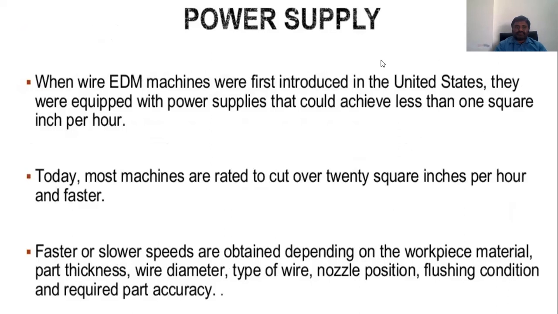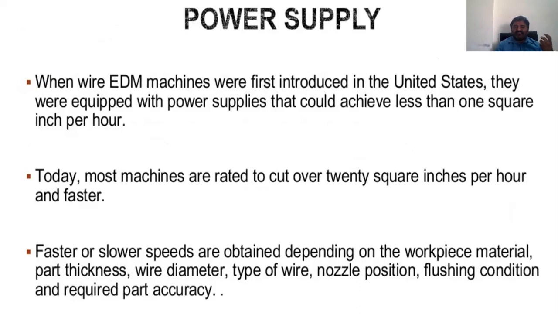See here, when the wire EDM machine was first introduced, we know that. Okay, so here we can talk about the power supply. What power supply can be taken? It is equipped with a power supply that can achieve less than 1 square inch per hour, meaning we are using very little power here. And for less power we can also go faster.